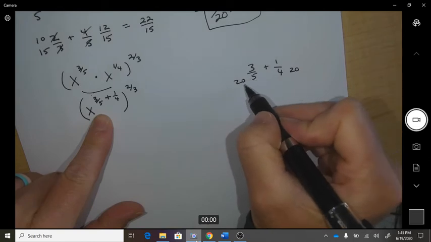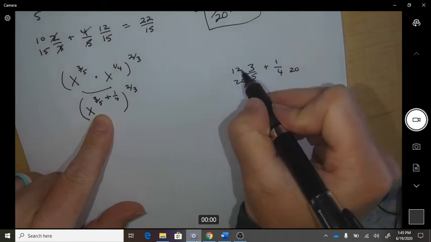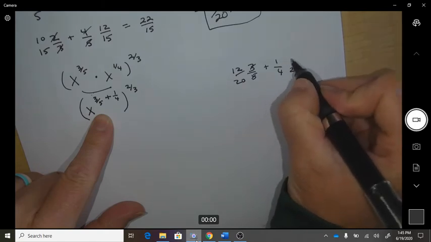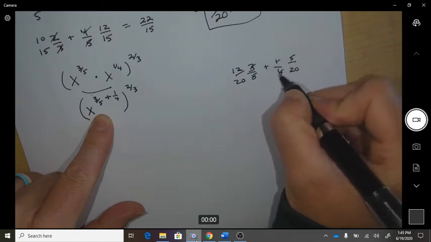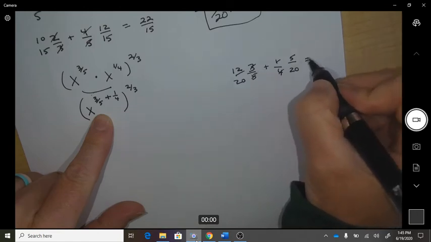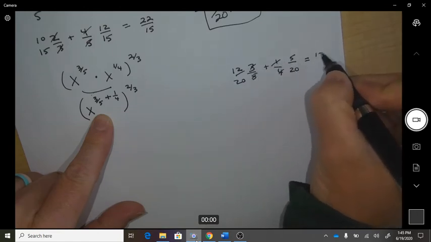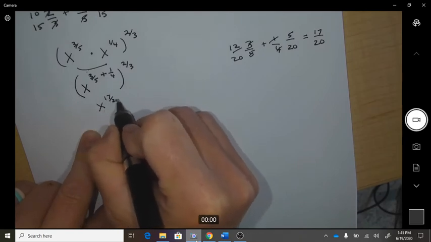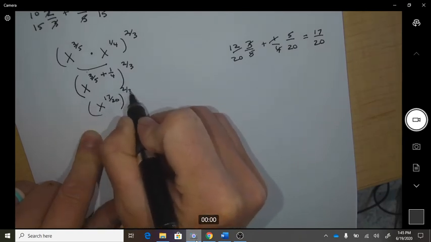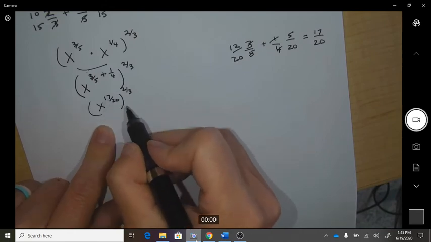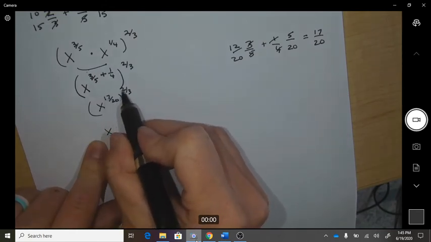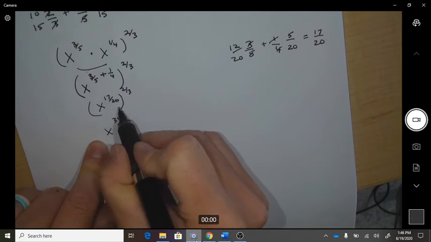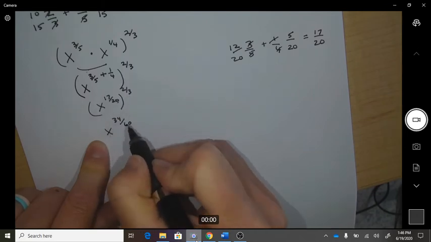So if I change this to 20, timesing by 4, and then if I change this to 20, this would have to become a 5 because I times by 5. So 12 plus 5 is 17. So now I would times. So 17 times 2 is 34, and 20 times 3 is 60.